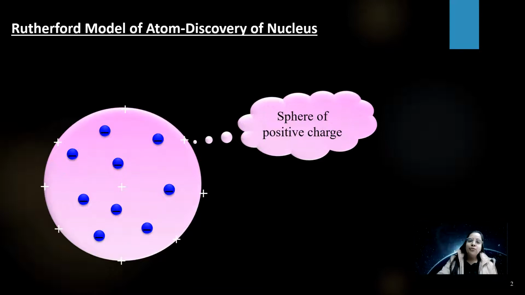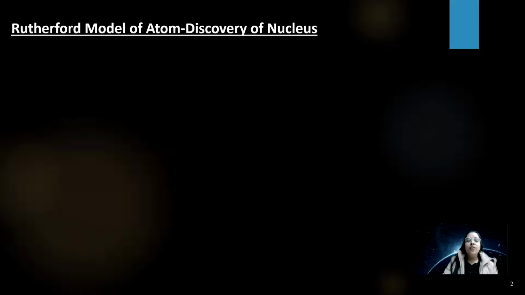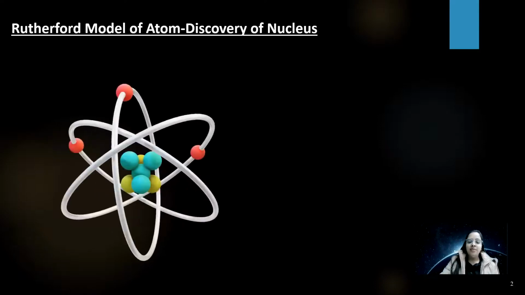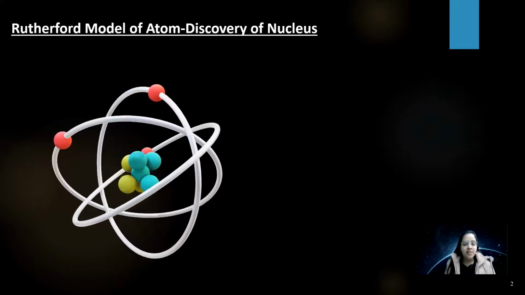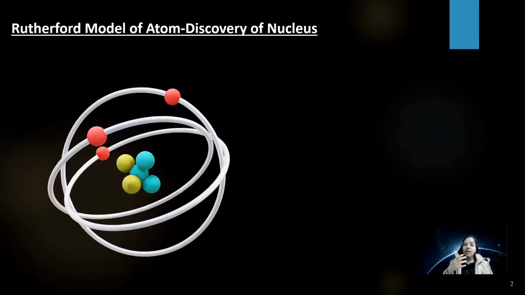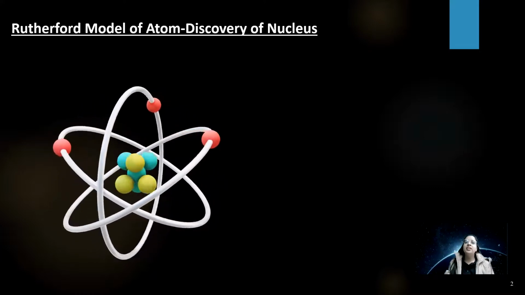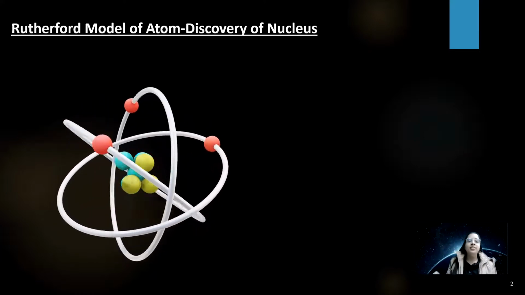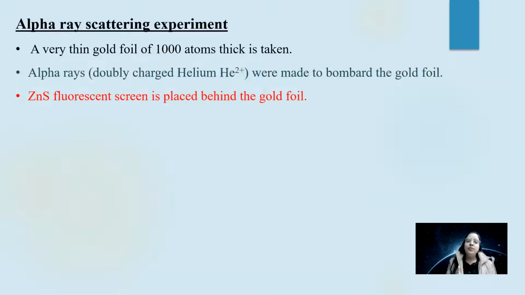Now, Rutherford is the one who modified the structure of the atom and brought this crisp structure to us. So let's discuss the model of the atom and the experiments involved in Rutherford's model. The experiment included in Rutherford's model is the alpha ray scattering experiment.